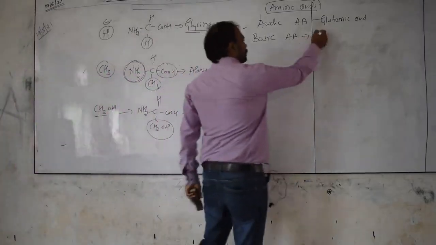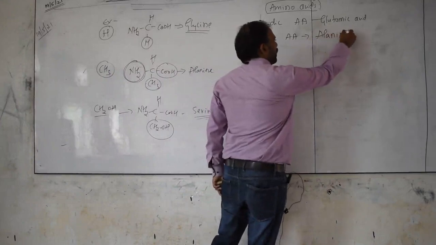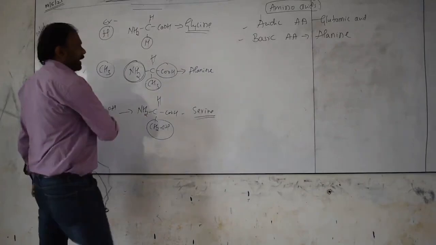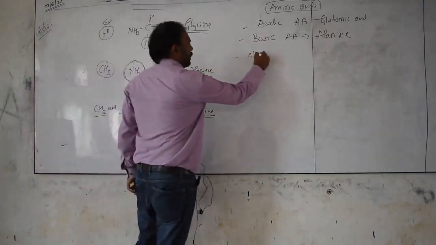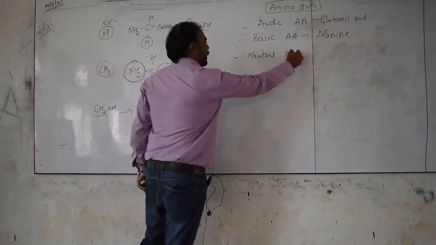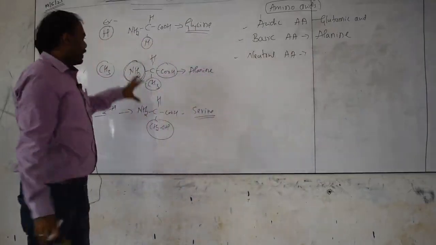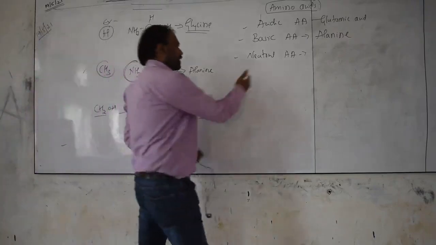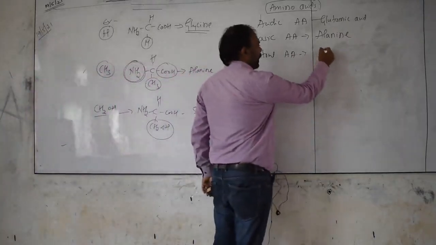Example, alanine. Do remember. Next, we will have neutral amino acids, where the number of basic and acidic groups is the same, so we consider it a neutral amino acid.